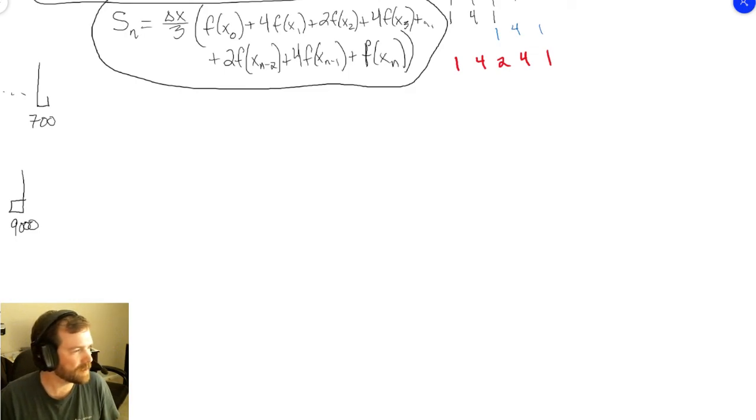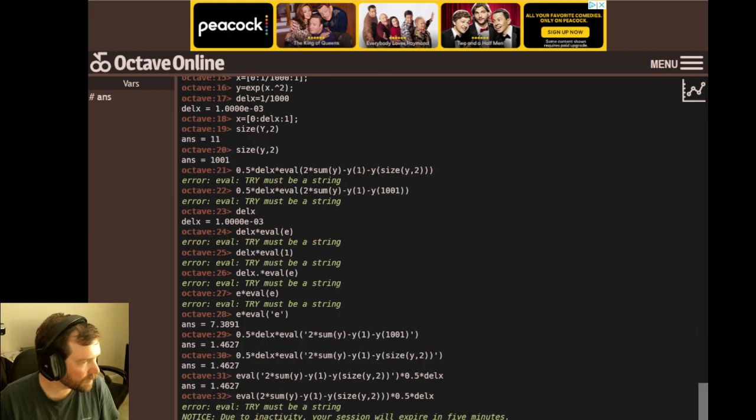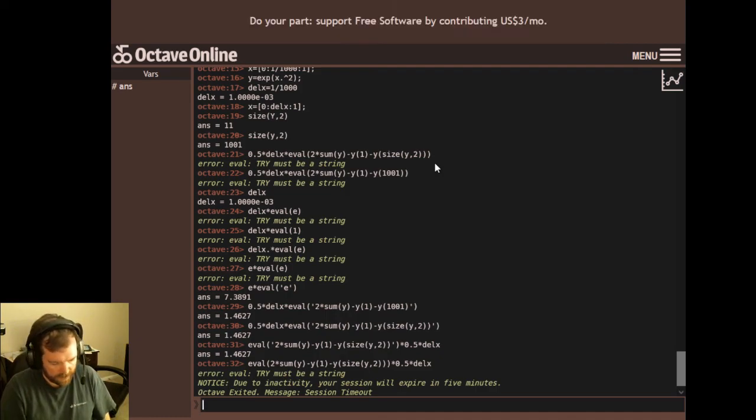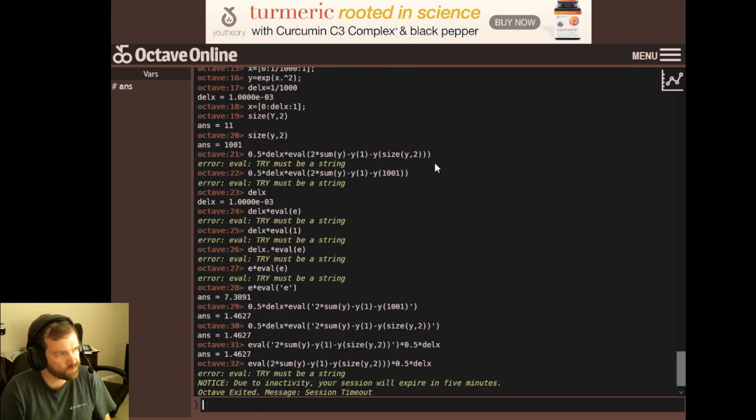We can reconnect on Octave and say that we want to do, okay, x is going to be equal to, here's the thing.